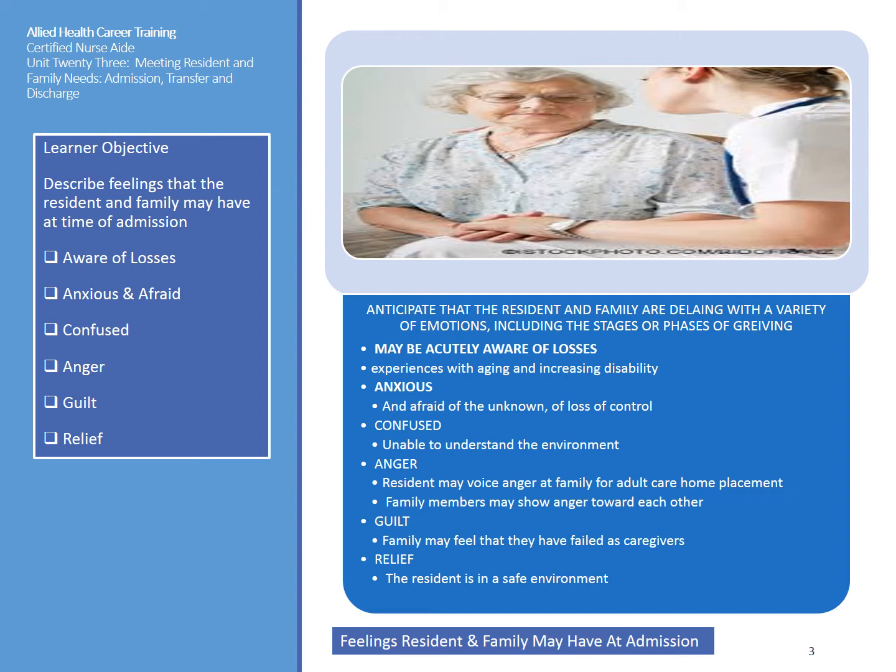So they may be angry. The resident may voice anger at the family for placing them in the adult care home. So the family members may also show anger towards each other. Now, this is a big thing when you have, say, multiple family members that are involved in the care of a resident, and one of them is the power of attorney, and maybe the person has dementia, they're incapacitated, can no longer make medical decisions.